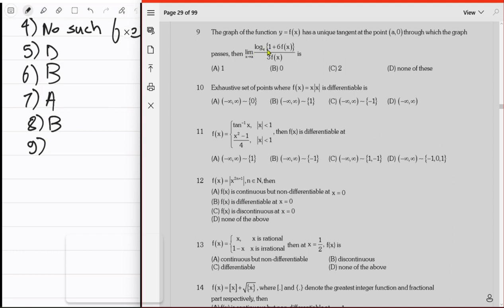Natural log of 1 plus 6 f of x. Is this a fractional part or is this a bracket? It must be just a bracket. It should not be a fractional part, because if it's actually the fractional part of 1 plus 6 f of x, this would just be the same as 6f, right? Because f approaches 0.